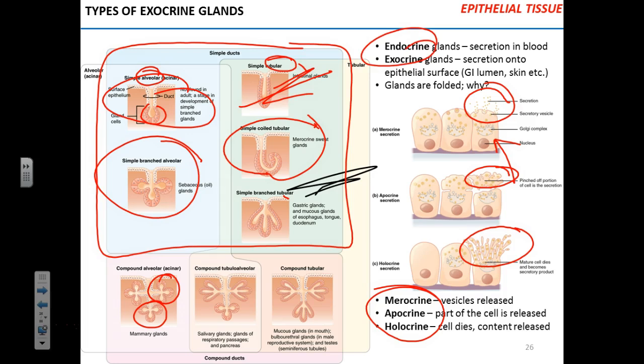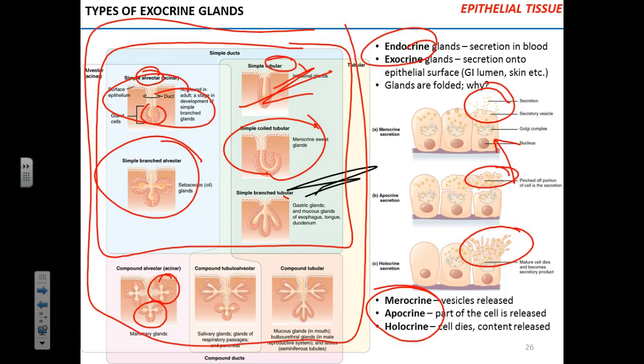I'm going to ask you a question now. You see the glands here on the left, in this large picture. They are folded. Why? Why are glands folded?